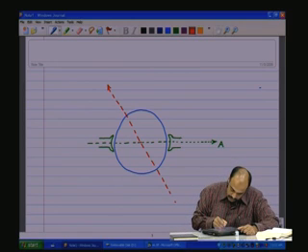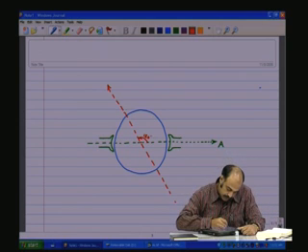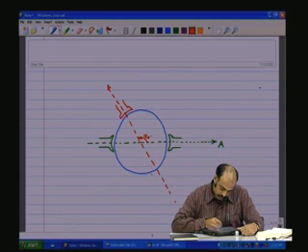Now this is 120 degrees apart. Now along this also I am going to have some fixed stationary poles. Pole pairs, of course, you can't have single poles. You should always have a south and a north pole.